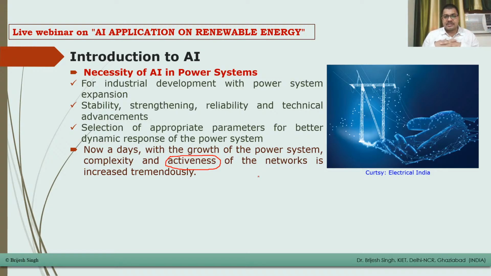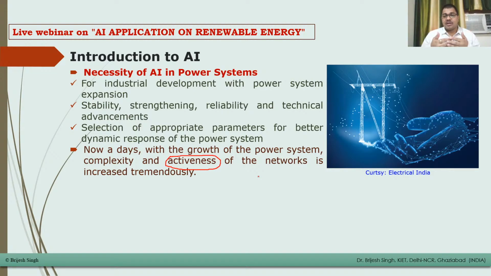But nowadays, renewable energy power plants are integrated with the network, and renewable energies are not entirely under the control of the operators, because they are affected by environmental conditions. That's why intermittency and uncertainty are also involved in the generating sector because of renewables.